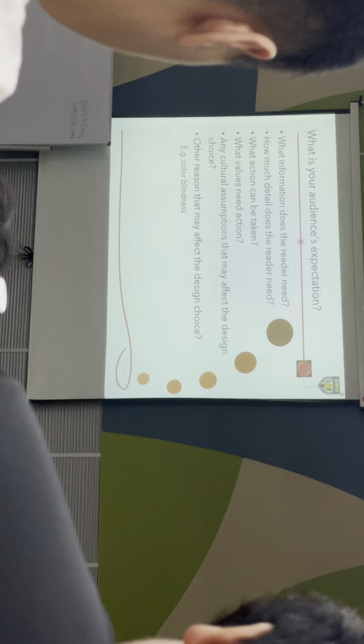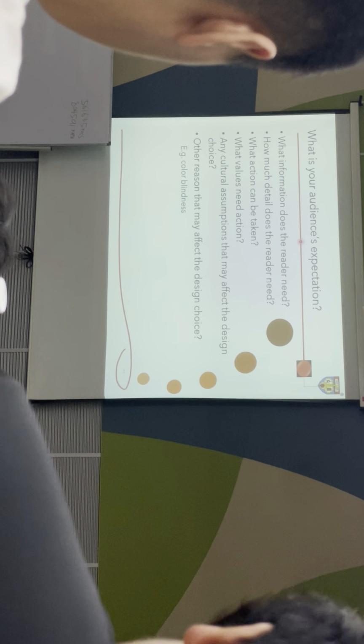Okay, and then the next part is you also need to consider is there any cultural assumption. For example, let's say certain colors or symbols. Colors and symbols might have different meanings in different cultures. So be aware. Okay, and then also you need to consider other reasons that may affect the design choice. For example, you need to consider factors like color blindness, or maybe the readers might have language barriers.